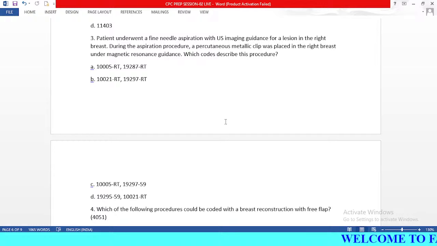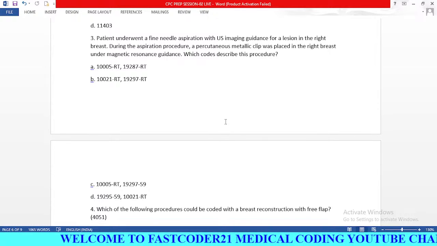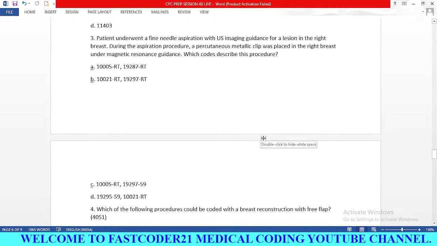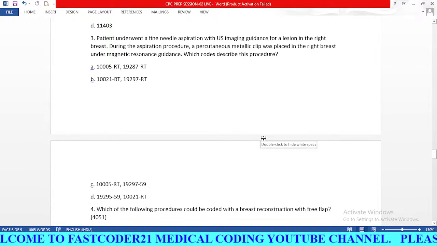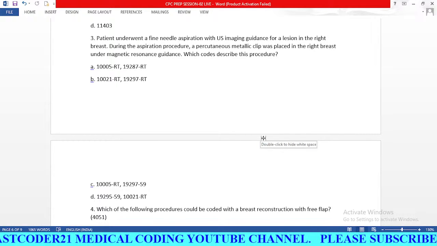You don't need to take much time. Just go to the CPT book. First check 10005, then check 10021 and 19295. So write your answer in the chat box so we can discuss.